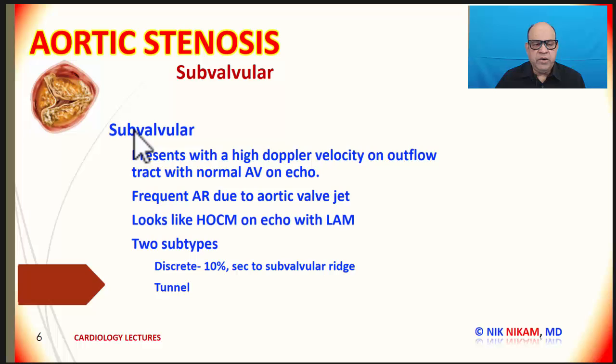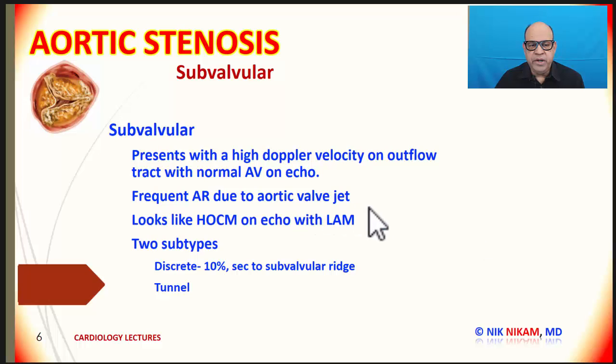Subvalvular. Subvalvular aortic stenosis presents with a high Doppler velocity in the outflow tract with a normal aortic valve on echocardiogram. So if we encounter a significantly high velocity across the aortic valve, and if the aortic valves look pretty thin and normal, then we should always think about the possibility of subvalvular aortic stenosis.